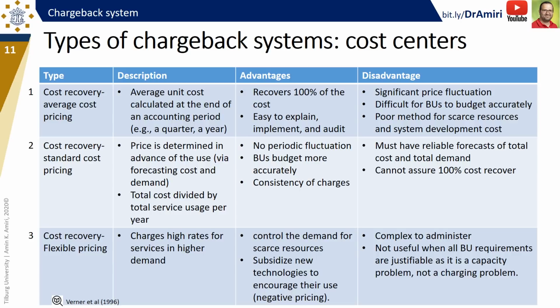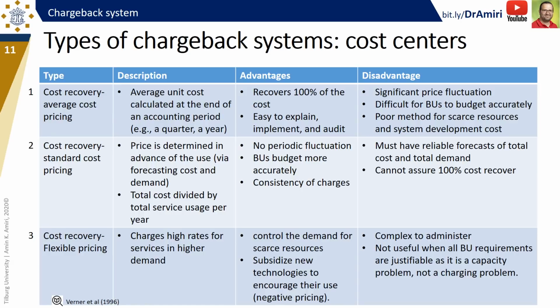If it's during the registration days, we charge more for using Osiris. The advantage of this flexible pricing is that you can easily control the demand for scarce resources, and you can even subsidize new technologies to encourage their use.